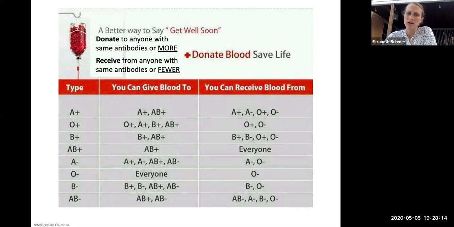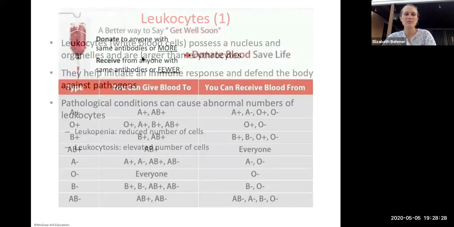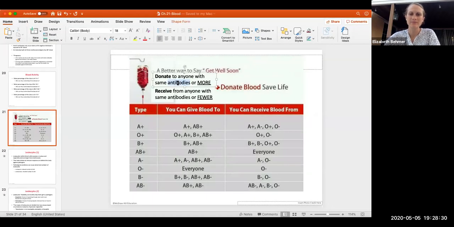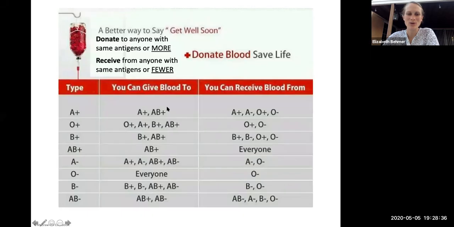I said antibodies, but those should be antigens. I made a mistake there.